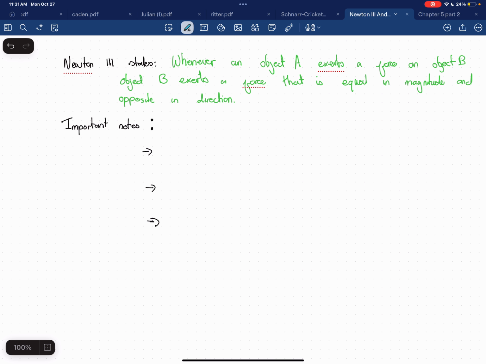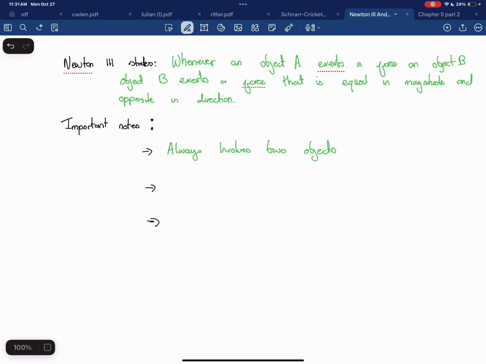Two important things about this law. It always involves two objects.